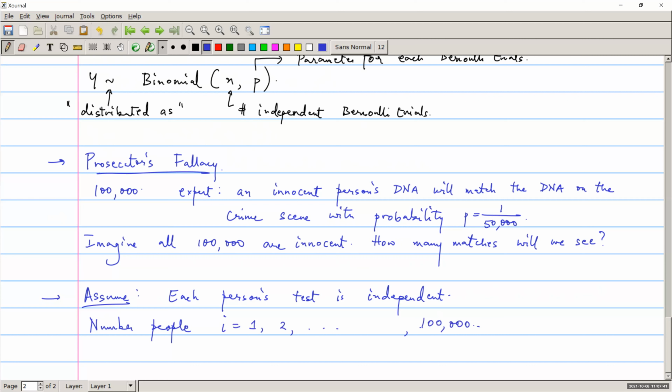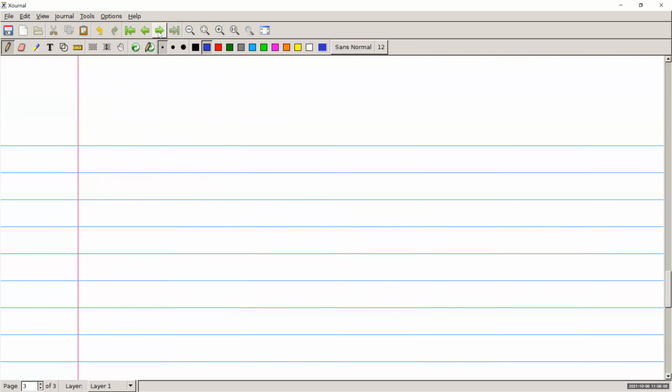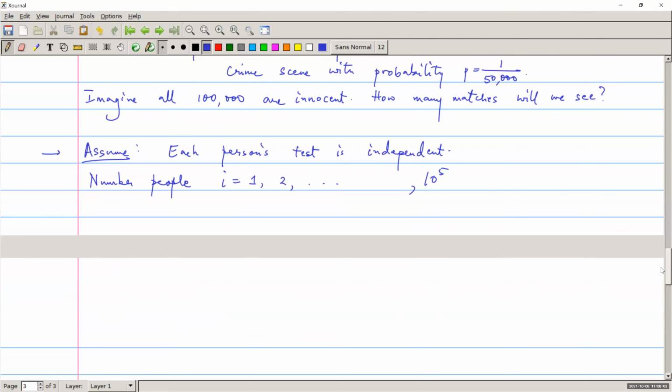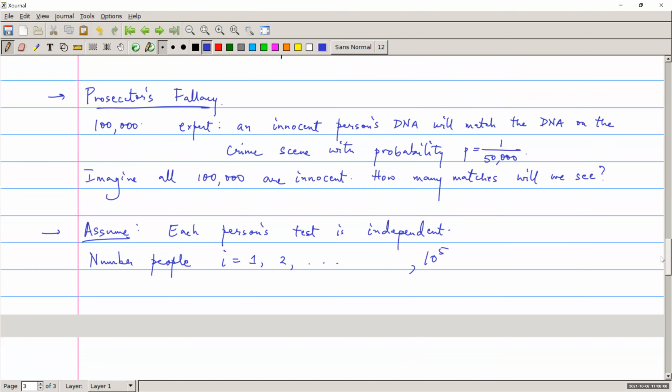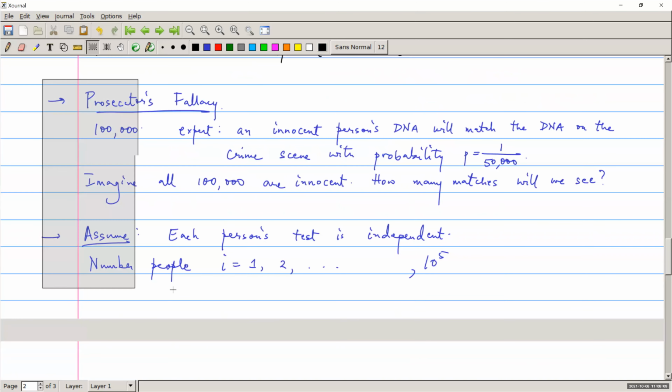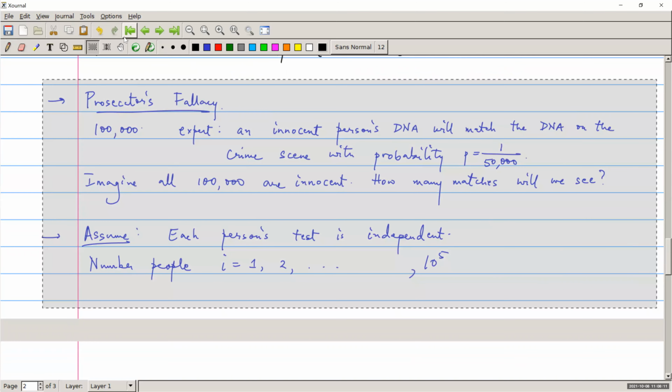I is the label you give to a person, and this label can take values 1 to 100,000 in sequence. I'm just going to move to the next page so you can have it continuously.